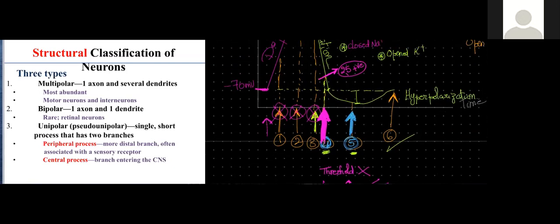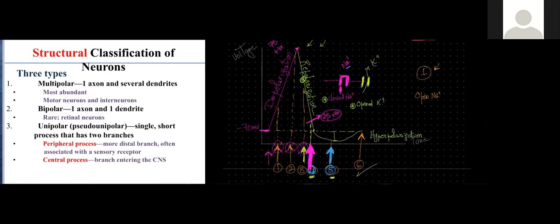So what do we call the time during which you want to respond to any kind of stimulation, either threshold or greater than threshold? And this is going to be during depolarization and early repolarization. Again, why you want to respond to any kind of stimulation? Because how do you respond? You open sodium channels.